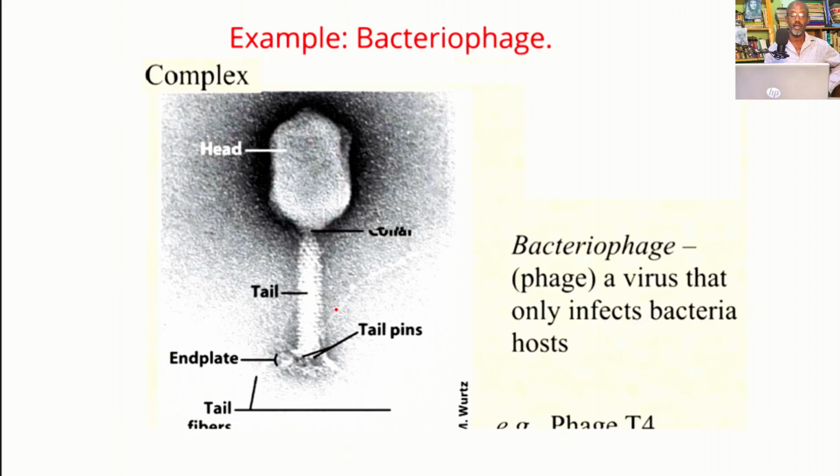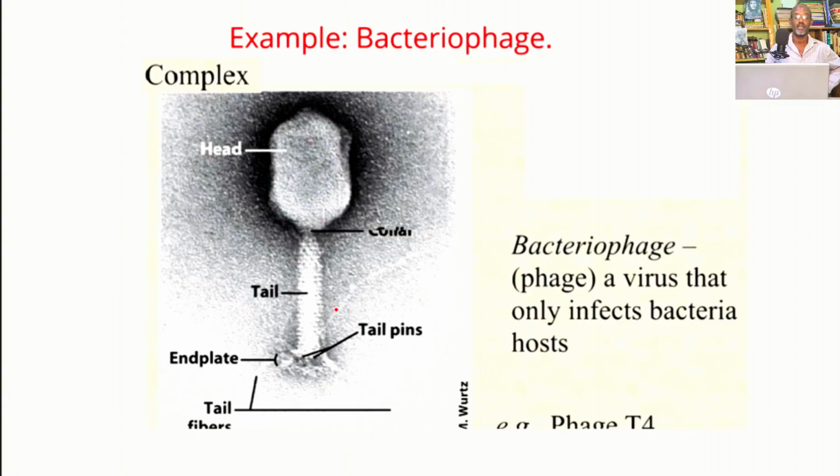Therefore, if the viral coat contains polyhedral and helical parts in combination in different parts of its body, we call this complex symmetry. Bacteriophages or phages are typical examples.